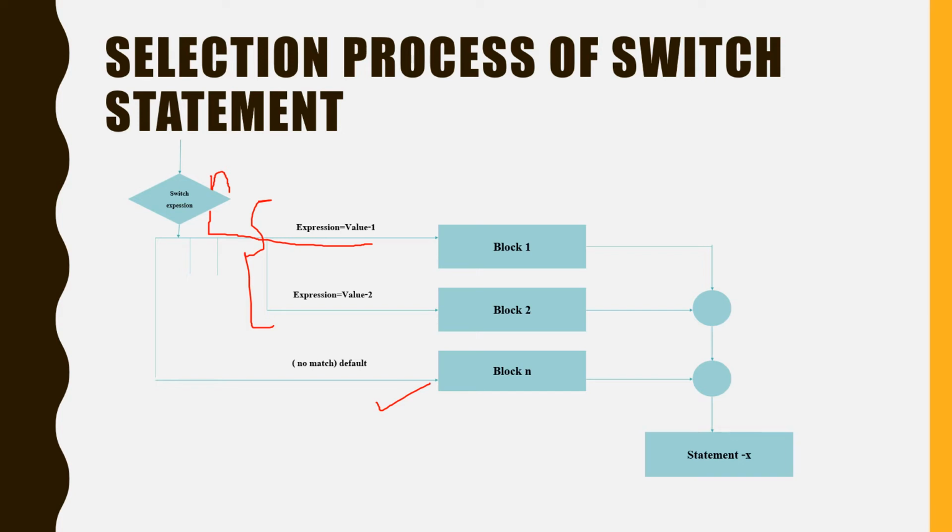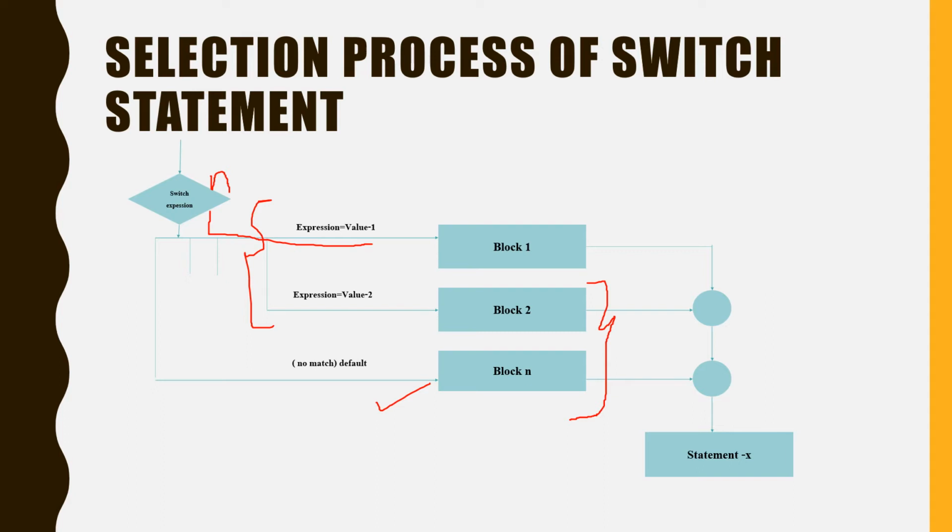Once the break statement is executed, your program control comes out of the switch statement. Once it comes out of the switch statement, it won't execute the rest of the blocks. So we can say at a time only one case will be enabled. So this is about the selection process of the switch statement.